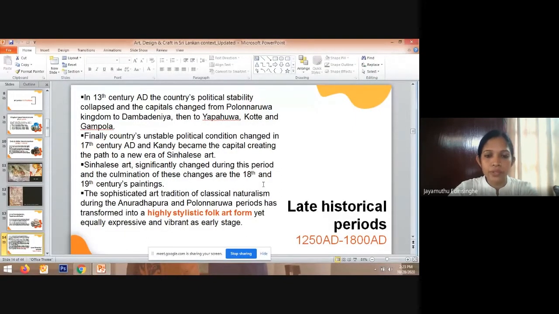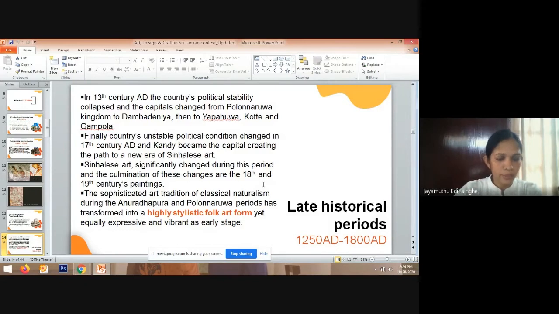It was very different from the previous stage or classical style. But even in the 18th century, in Kandyan paintings, we could see a lot of Indian influence as well, mainly South Indian contemporary traditions were the origin of even the Kandyan style.